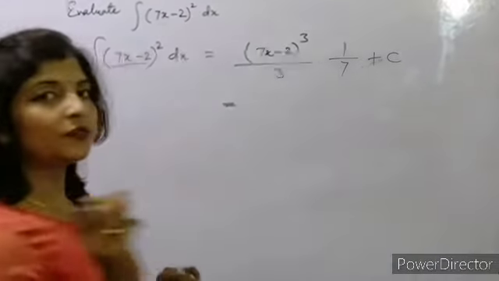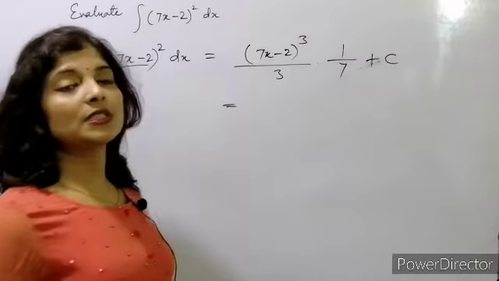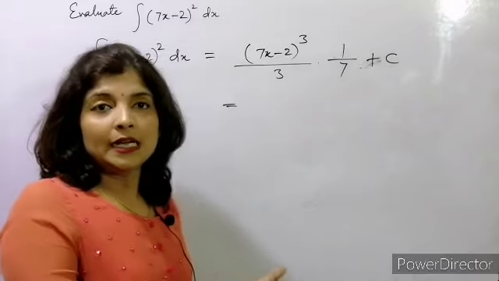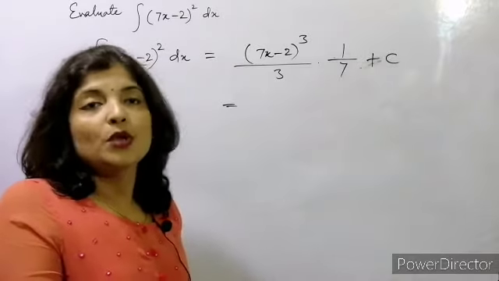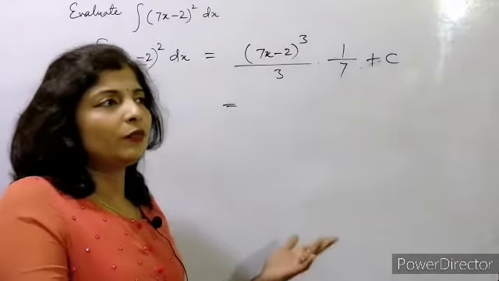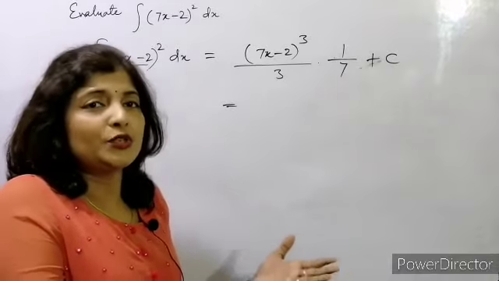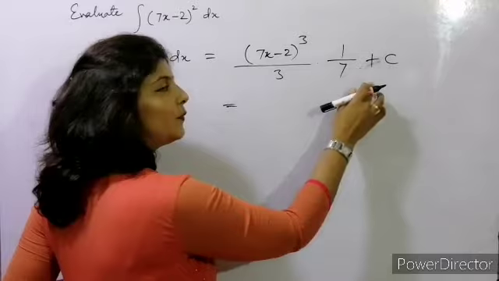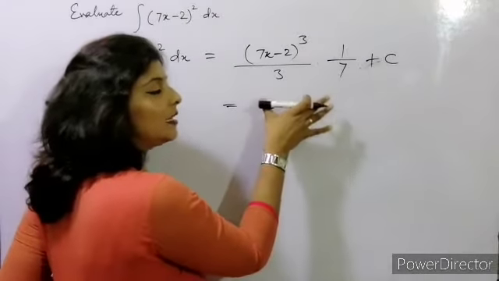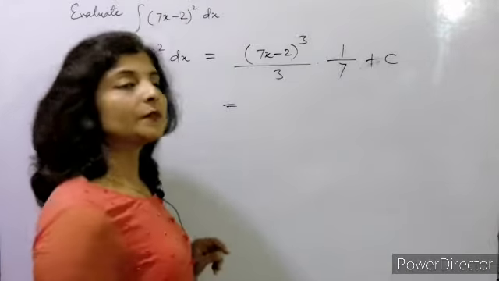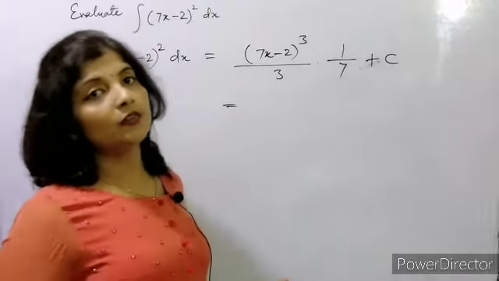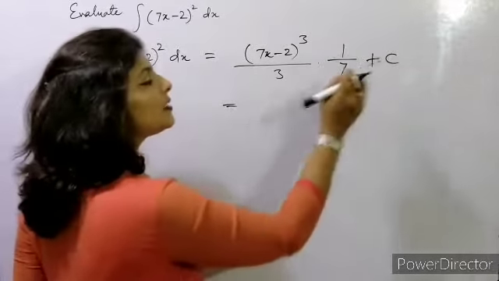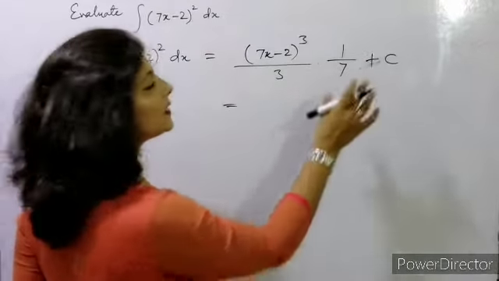Always remember to add c, because there must be some constant, since whenever we differentiate a constant we get 0. So in integration, when you are finding the integral of any function with respect to x, always write plus c, keep a constant.